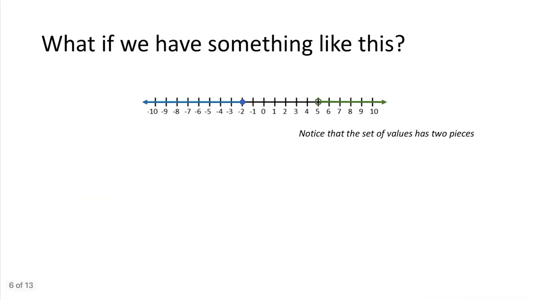Okay, so what if we have something like this? Notice this kind of looks like a graph in 2 pieces, right? So we need to be able to say something like, well, I have this section A, and I have this section B. Okay, so this little U symbol right here, that's kind of how we represent and in mathematics. It's actually called the union symbol. So let's see what this looks like.